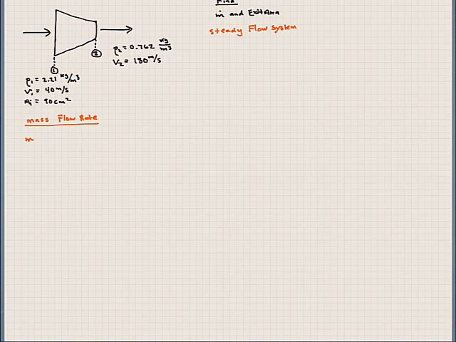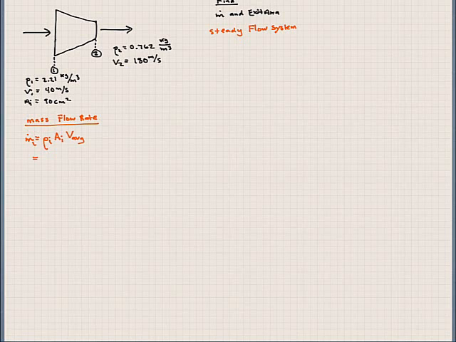We're going to use our mass flow rate equation, which is rho of our fluid at the inlet times the cross-sectional area at the inlet, times the average velocity. All of these are given at our inlet condition.